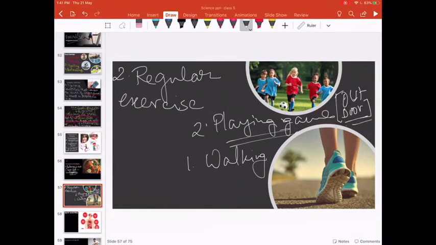So when I say play games, you must not feel, oh my god, I play games always, see what ma'am is saying. It is not playing the game over your mobile or laptop or computer. It is about running around and playing. Okay, outdoor games.